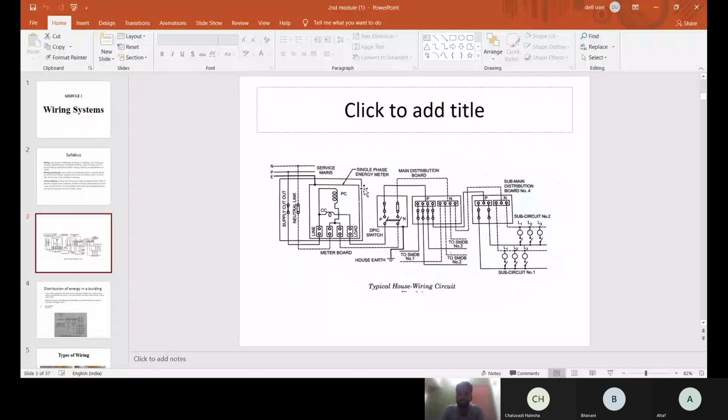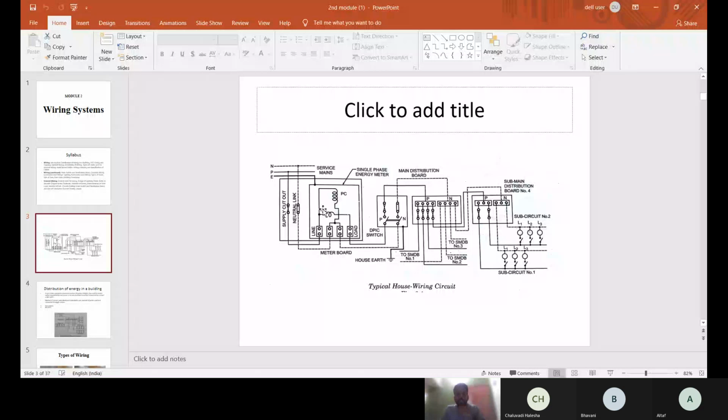Controlling means switches, safety devices means fuse. So through the fuses and switches, the supply is taken from the service mains to our home appliances. This whole system is called the wiring system.